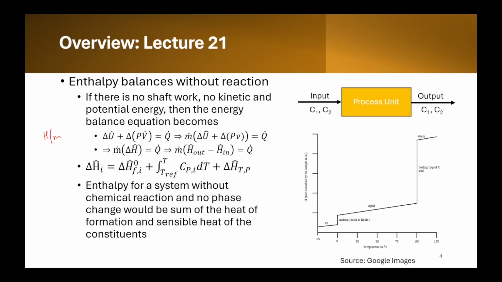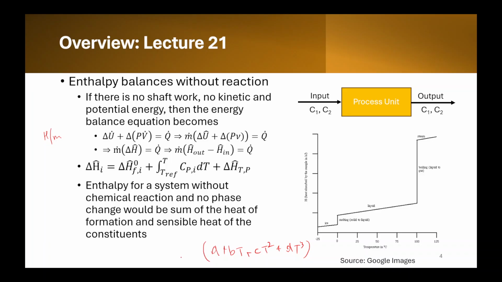So this is the standard heat of formation, plus any sensible heat added to the system. Suppose the temperature rises from T reference to T, and this Cp is not constant for this given temperature range. There will be some relation given such as A plus Bt plus Ct square plus Dt cube.